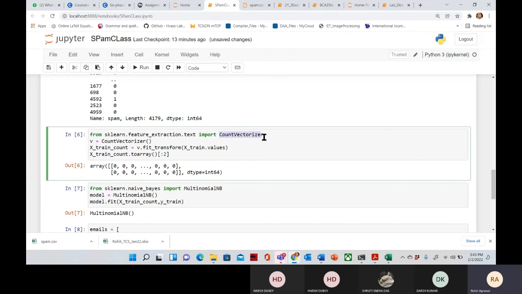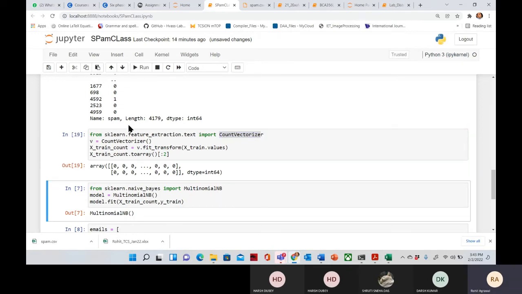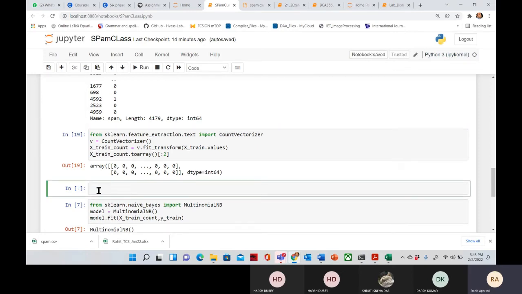Why? In machine learning, we need to transform this data into some meaningful form so that our machine learning model can use it. Just like in our earlier example, we had data in the form of probabilities, that means numerical data. But this time we don't have any numerical data, so we need to use count vectorizer. You need to study what count vectorizer actually is. I can show you here.